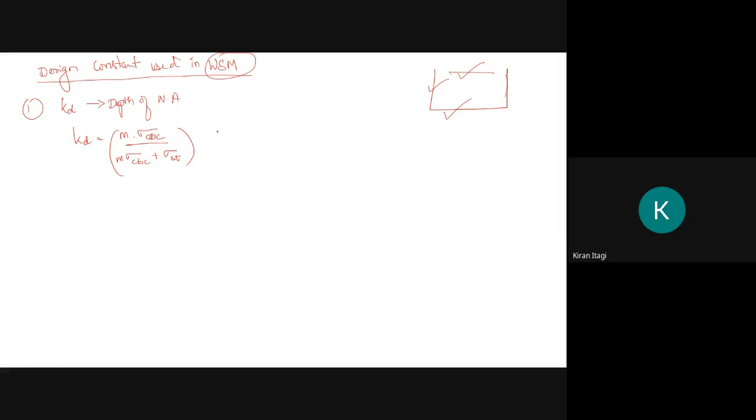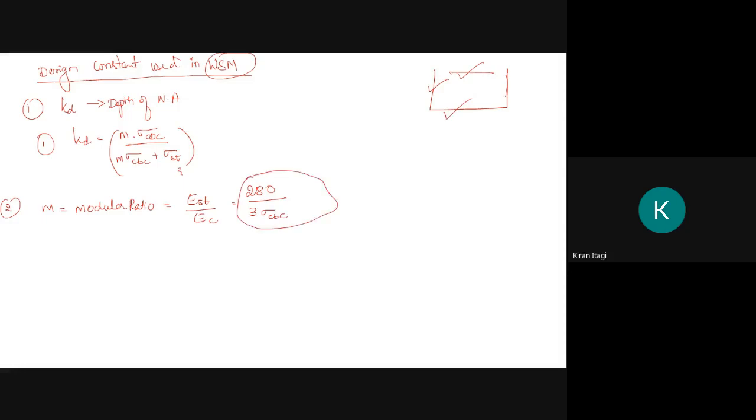Where M is nothing but the modular ratio. Sigma CBC is the permissible compressive stress in the concrete, which you have already used in the designing of RCC structures. Sigma ST is the permissible stress in the steel. The next one is M, the modular ratio, which is given by EST divided by EC, or 280 upon 3 times sigma CBC.